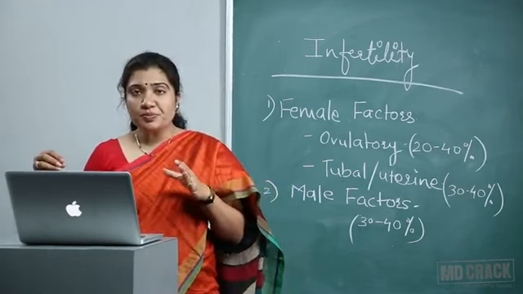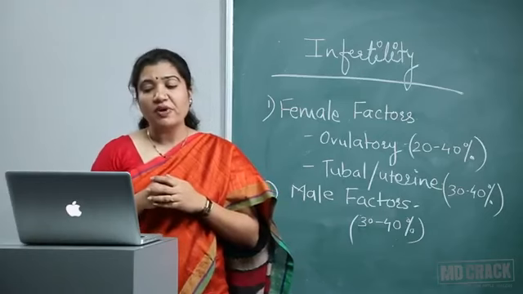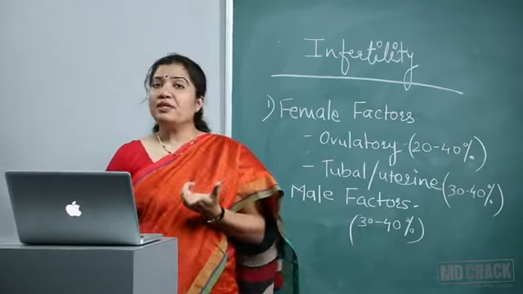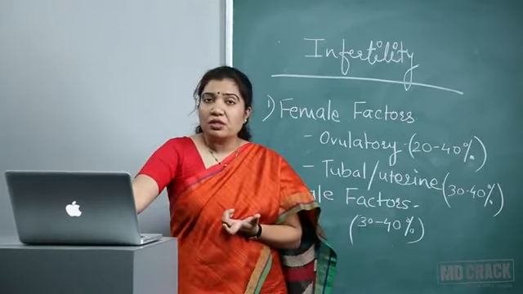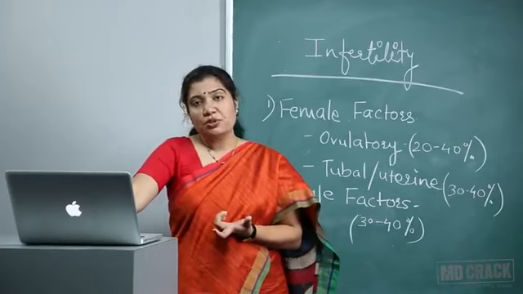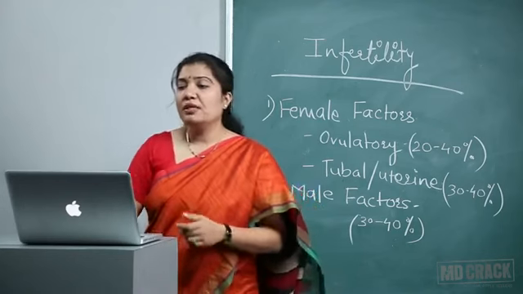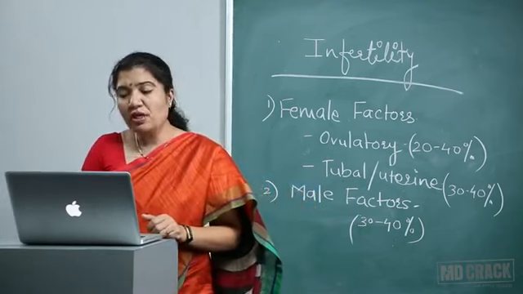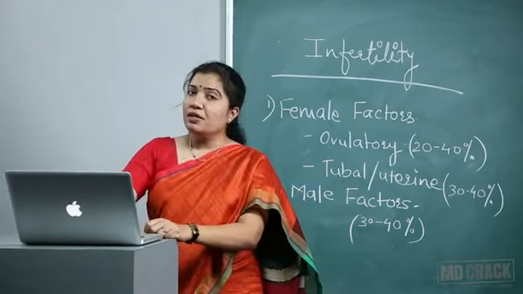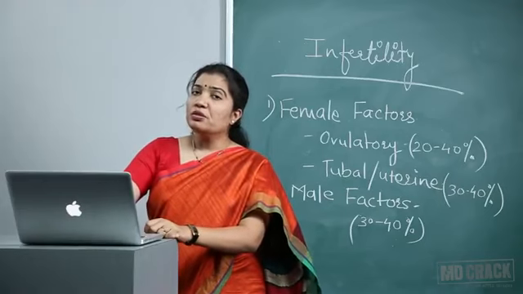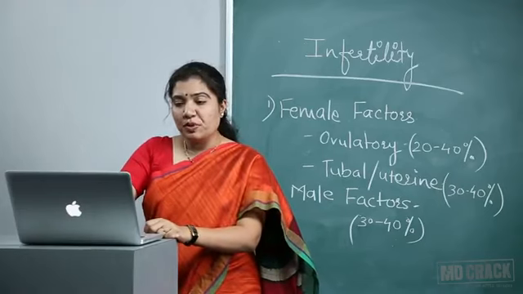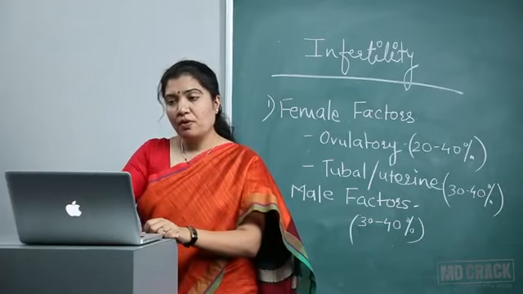If the sperm can penetrate cervical mucus more than 3 cm in half an hour, the results are good. But if the penetration is less than 3 cm in 30 minutes, then the penetration is abnormal and there can be presence of anti-sperm antibodies, or there is some problem with sperm motility.